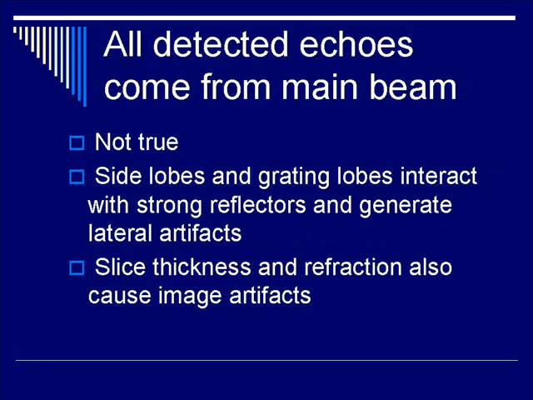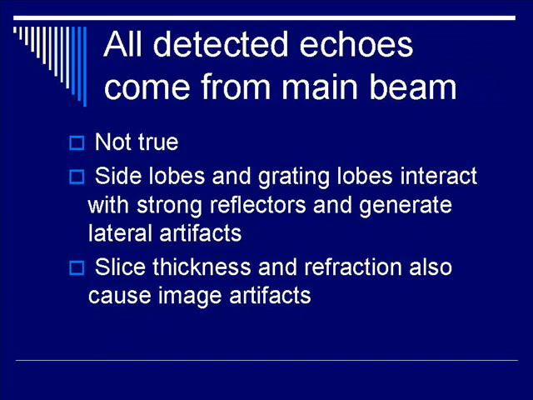And then finally, the assumption that all detected echoes come from the main ultrasound beam is sometimes erroneous. Many times, even in today's ultrasound probes, where mainly arrayed probes are used, you will still see side lobes and grating lobes interacting, particularly with strong reflectors within the body that will generate lateral artifacts.